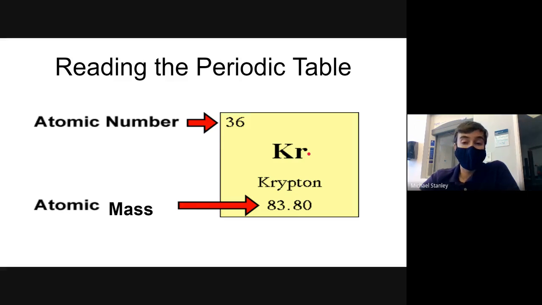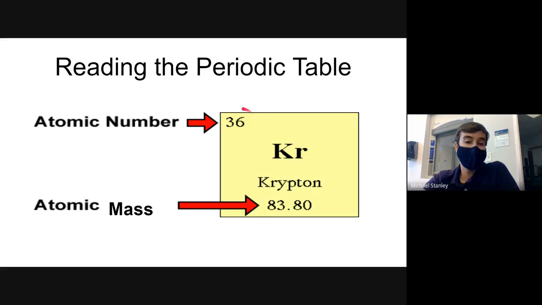The other 2 numbers are called the atomic number. It's going to be the smaller of the numbers, usually located at the top corner or the top middle of our periodic table box. And we also have the atomic mass number or the atomic weight number down here, usually located on the bottom, but it's always going to be the bigger number.